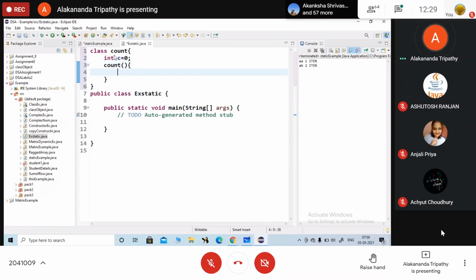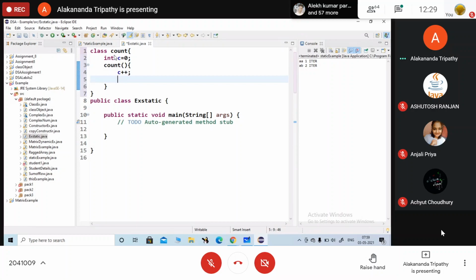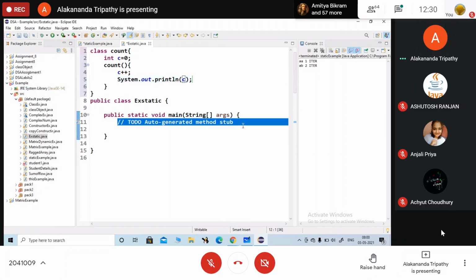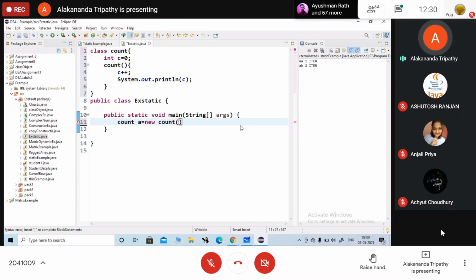Now I will update the println in the method. यहाँ पर count a equals to new Count, method call कर दी.